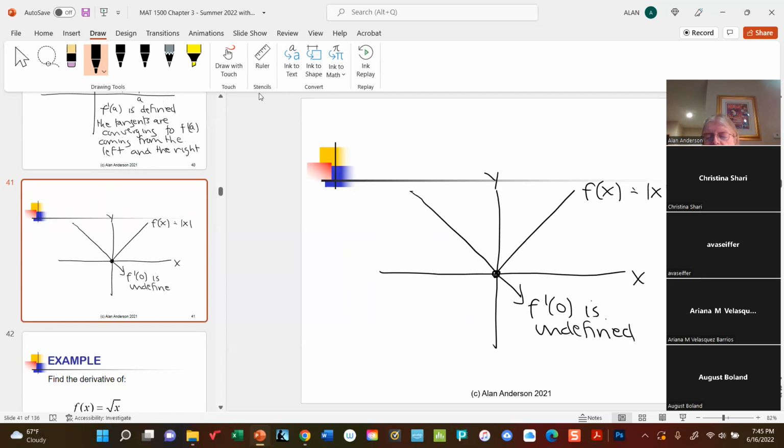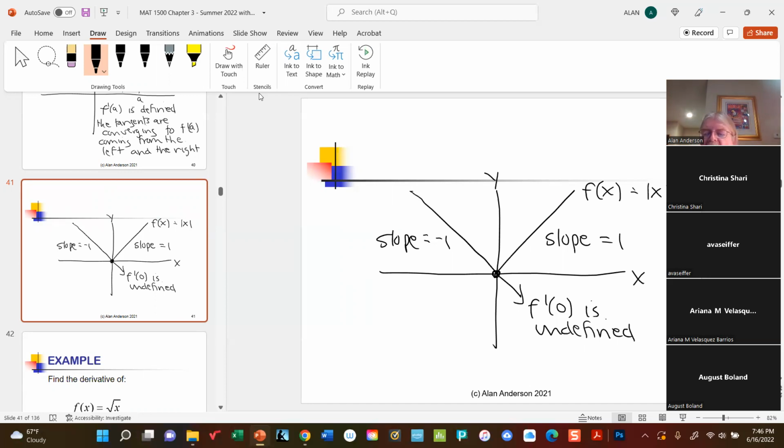Why? Because on this side, any tangent that I choose to draw, the slope is 1. On this side, any tangent I choose to draw is -1. Not only are they not the same, they're not even getting closer to each other. The slope on the left-hand side stays at -1. The slope on the right-hand side stays at 1. They do not ever converge to each other. And so at that point right there, the function has no derivative.